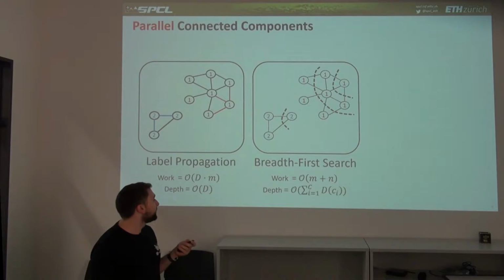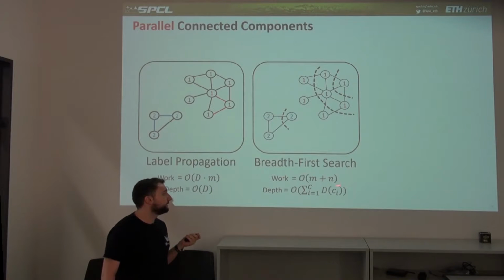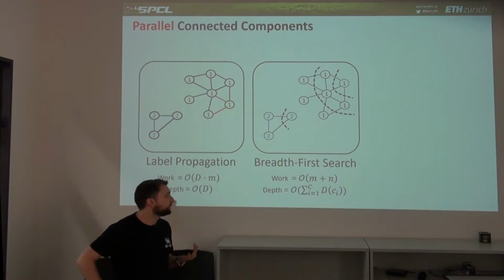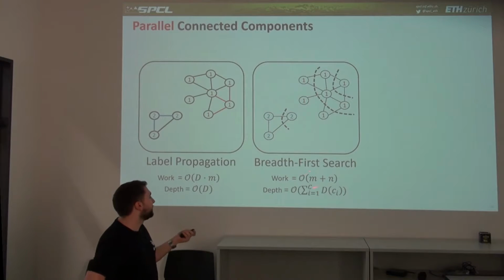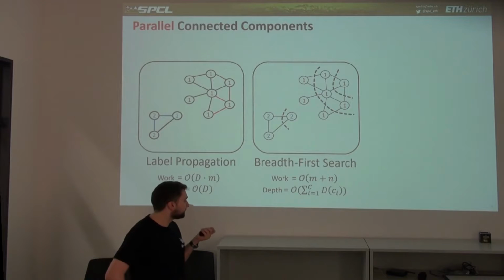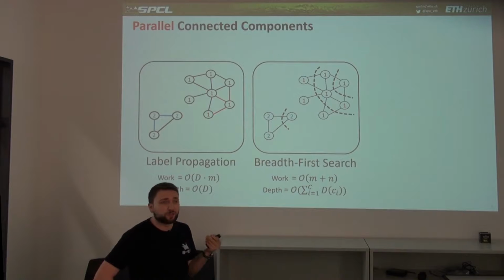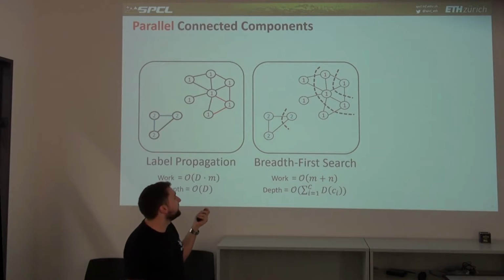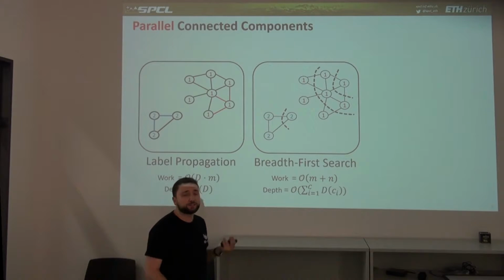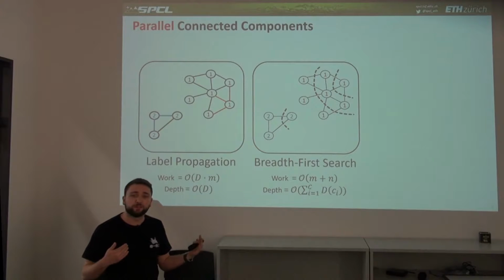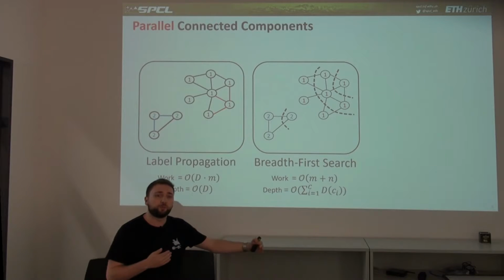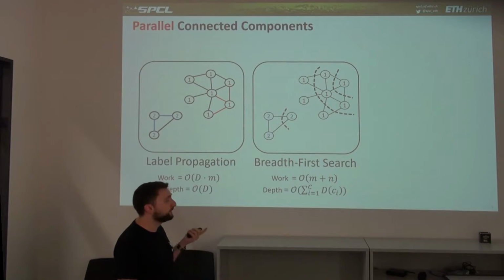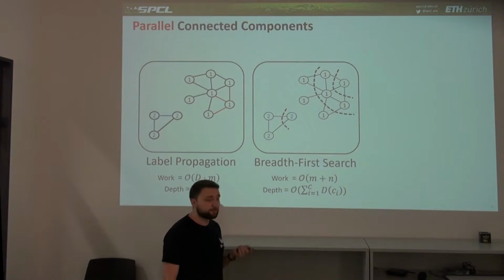So here we see that the overall work is reduced. Now it is the essentially optimal amount of work: we traverse each node and each edge. But the depth here, and you can also see this in the operation itself, has a serialization in the component. So the more components you have, the more sequential operations you need to perform, and this is also reflected in the depth.